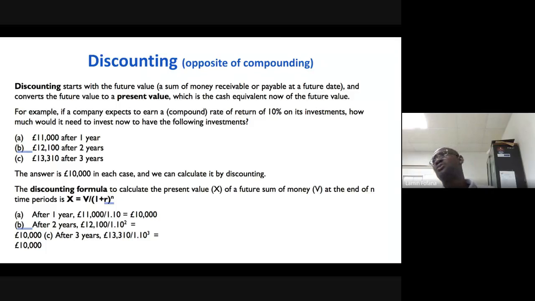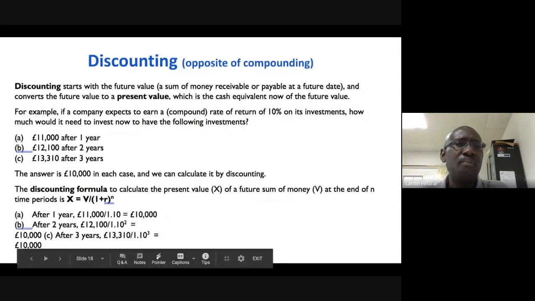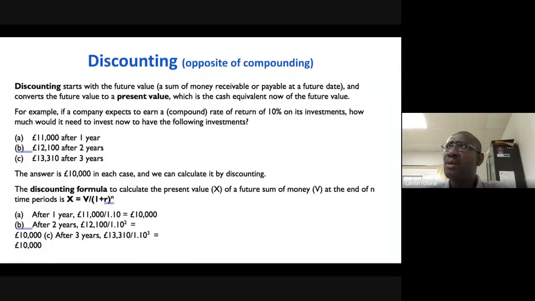Discounting, as you can see here, is the very opposite of compounding. When do we compound? We compound when we have today's value and we want to see what the value is going to be tomorrow, or in the next 10 years, or in the next 50 years. With discounting, we have cash flows in the future and we want to bring them to today's value.